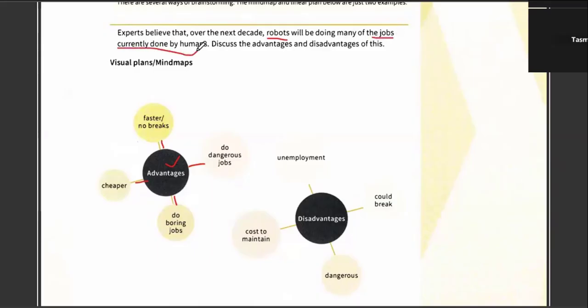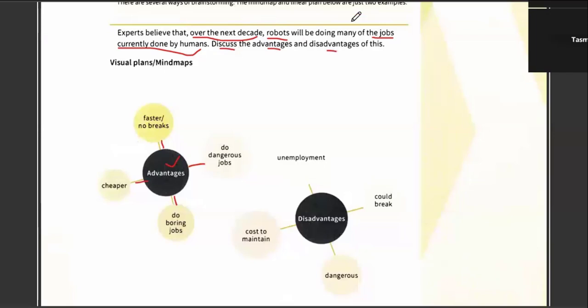Another one you can include is that over the next decade, because they are talking about a period of time. You also have to consider that. So over the next decade, robots, jobs currently done by humans. Very good. And task words are easy. Discuss advantages and disadvantages. Excellent. So you got it very clearly.